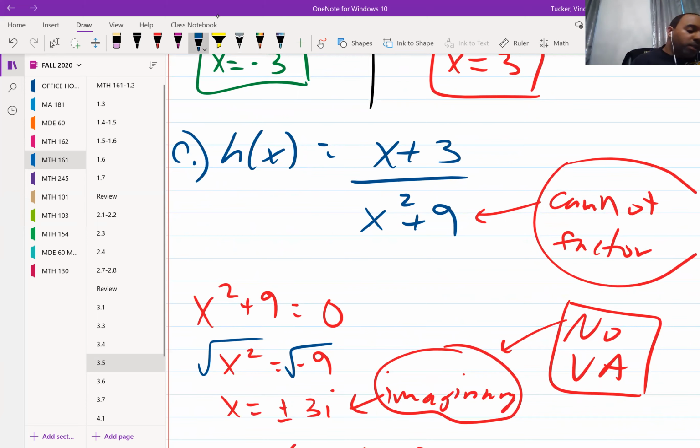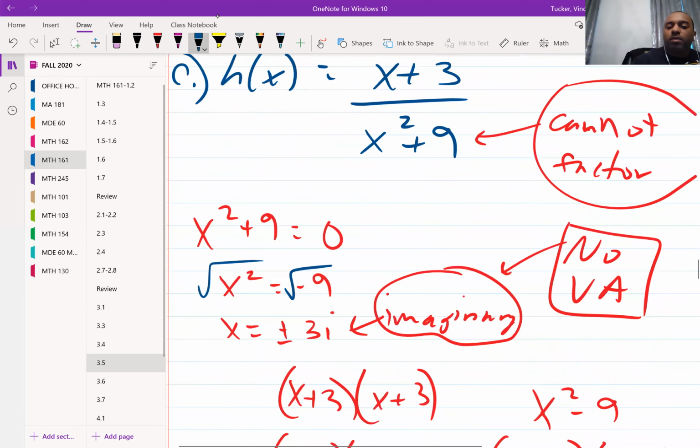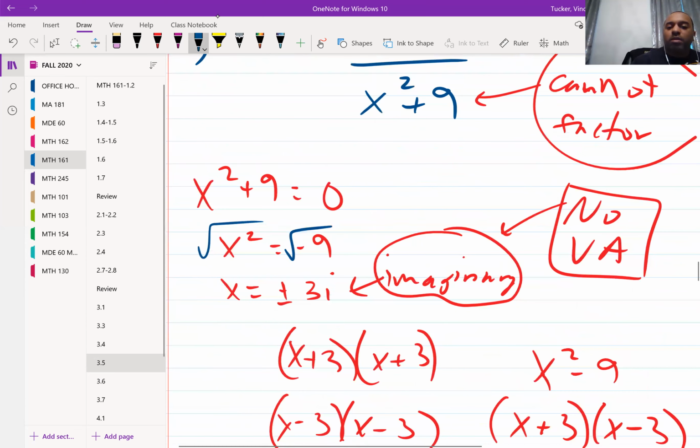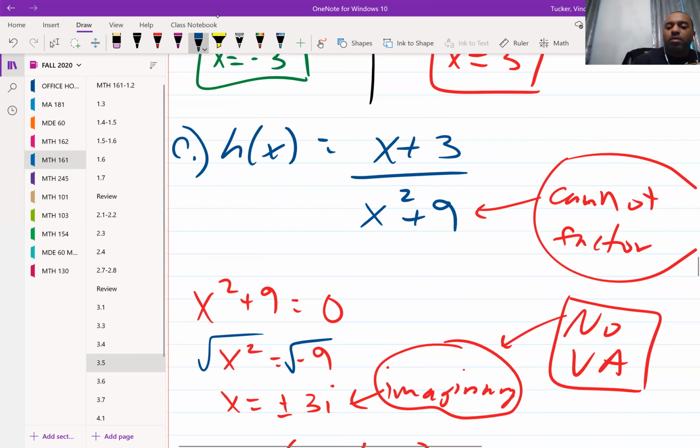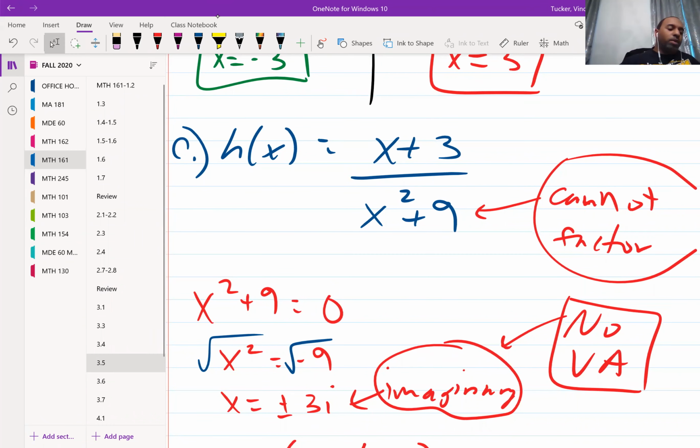And since they are imaginary, that means we do not have any vertical asymptotes there. All right. Any problems with A, B, or C?